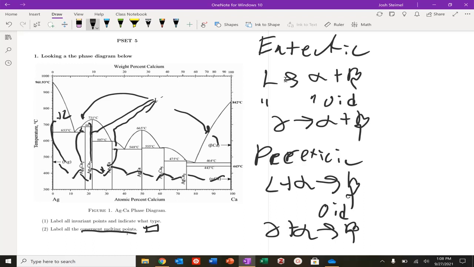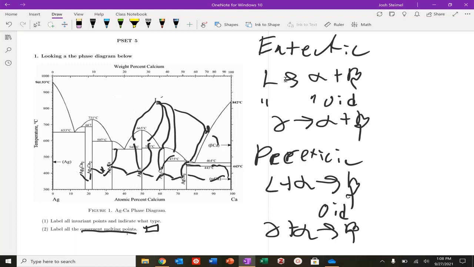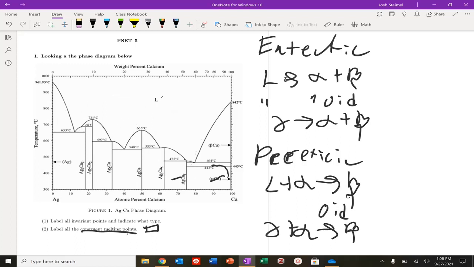This is liquid plus this phase as well. This is also liquid plus this phase. And this is this phase plus our alpha phase right here. So that's what we've got. Again, I'm going to erase. Those are all our two-phase regions, but again, those aren't too important.